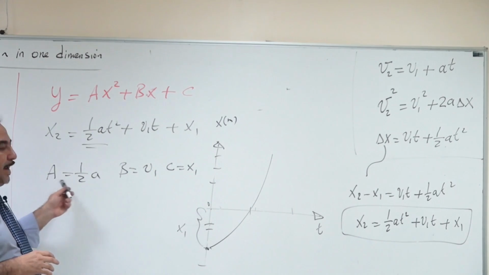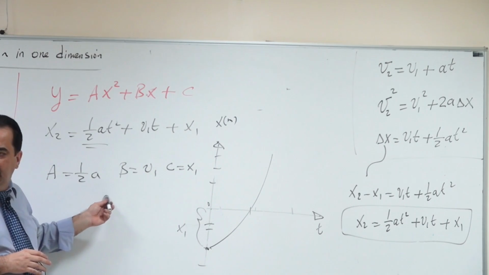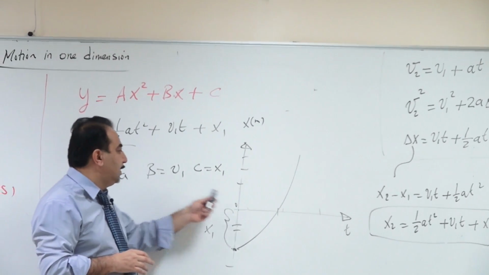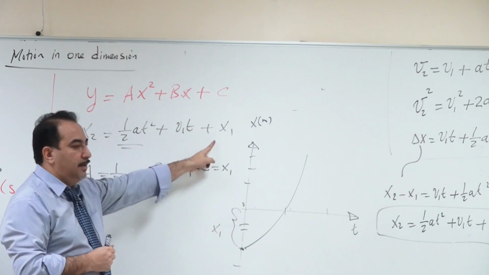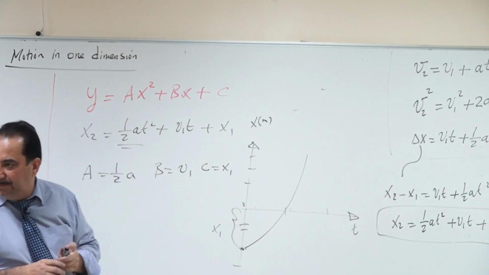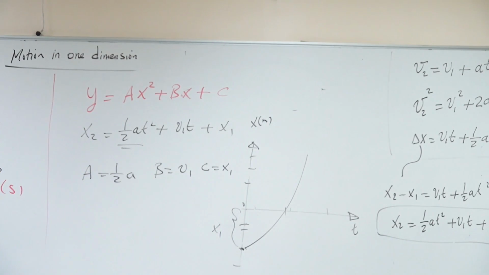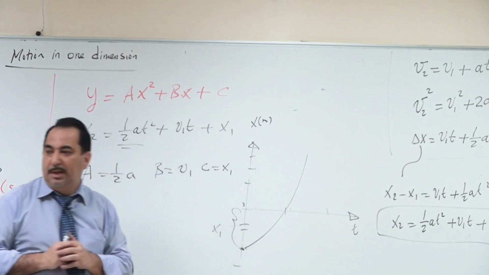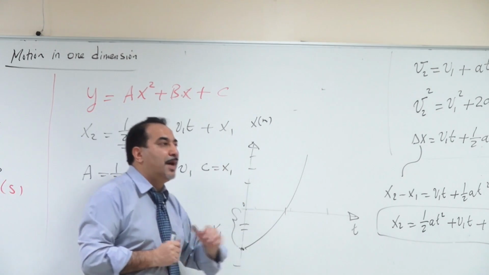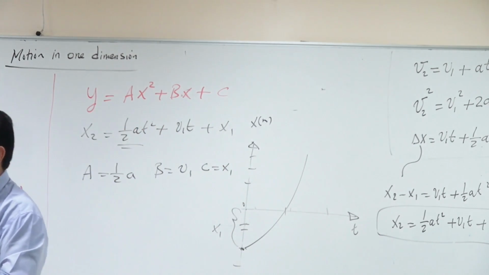And the coefficient a is half of the acceleration. And the coefficient b is the initial velocity. So if you know the values here, then you know the coefficients. It's a parabola. Now I want you to conclude again. If you have an xt function, and the xt function is a parabola, what can you conclude?